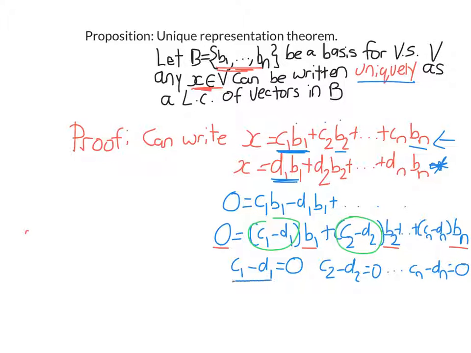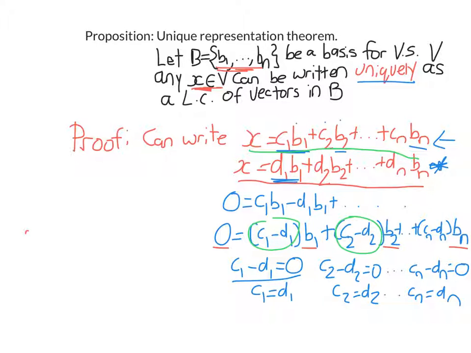So this equation means that C1 must equal D1, and this means C2 must equal D2, and so on, Cn is equal to Dn. So if I write X in this way as a linear combination of basis vectors, it uses the exact same scalars as the first way. That proves there is only one way you can write X as a linear combination of basis vectors.